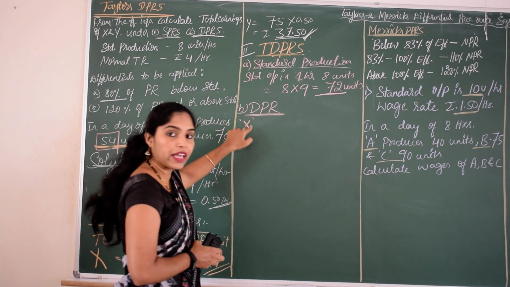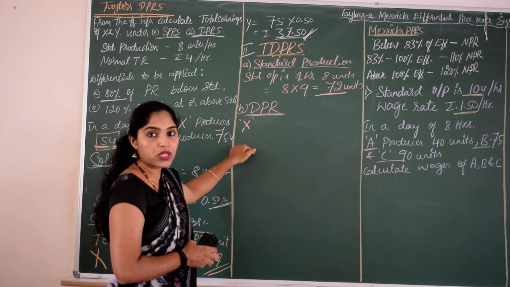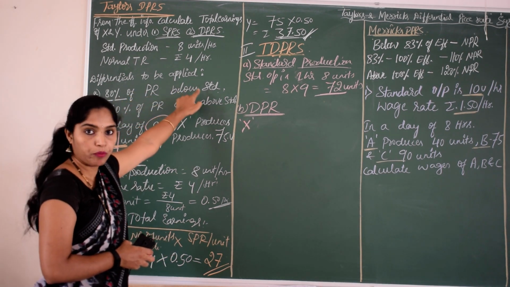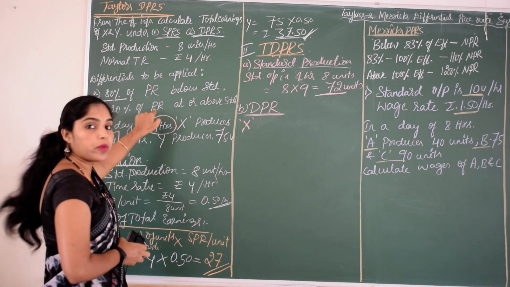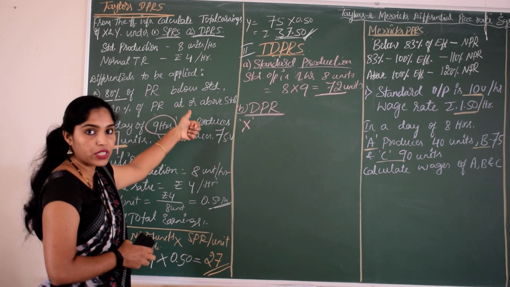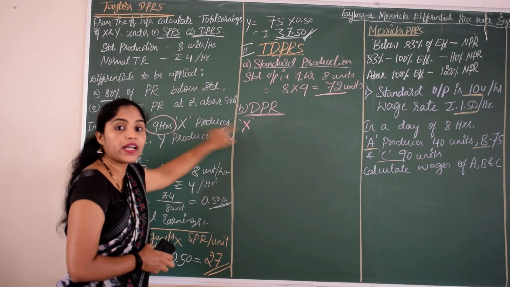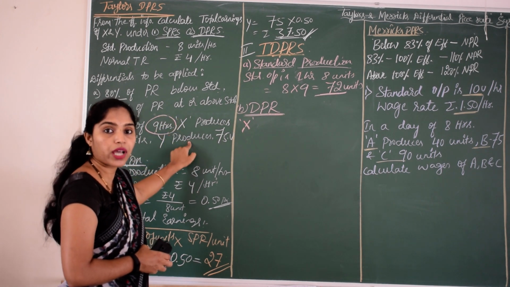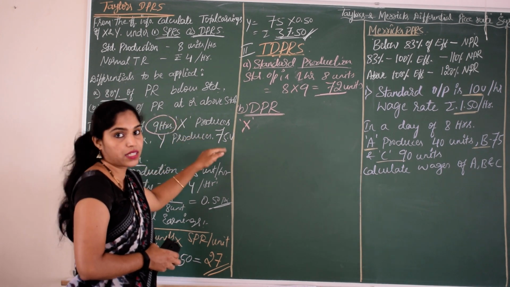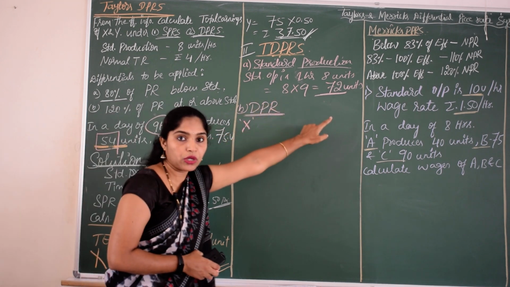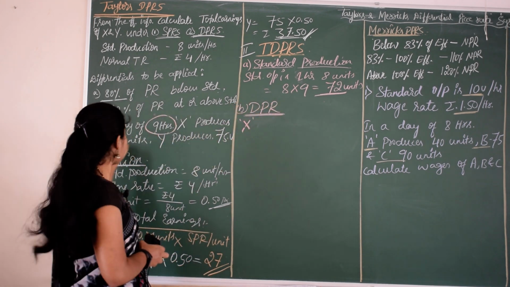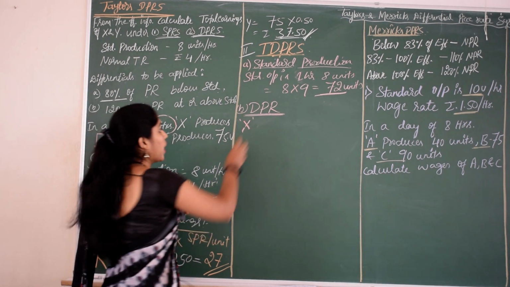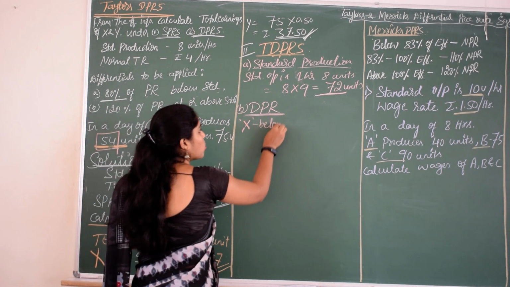Therefore X comes under below standard, because Taylor says 80% of the piece rate for below standard and 120% of the piece rate for above standard. His actual production is less than the standard production, so X comes under below standard.